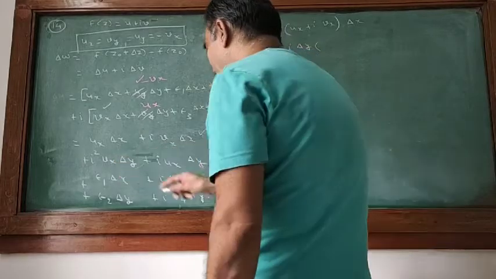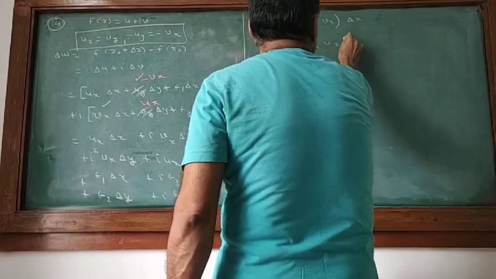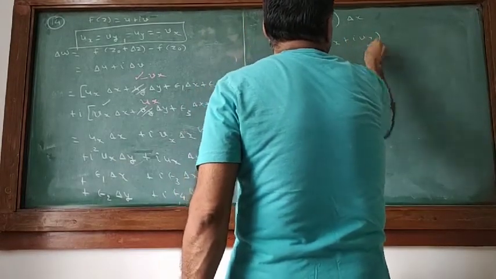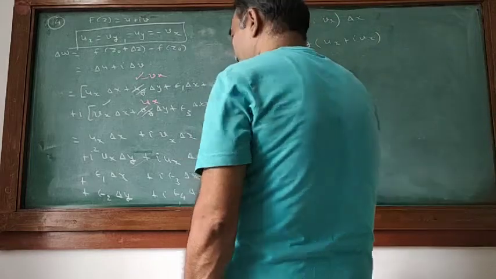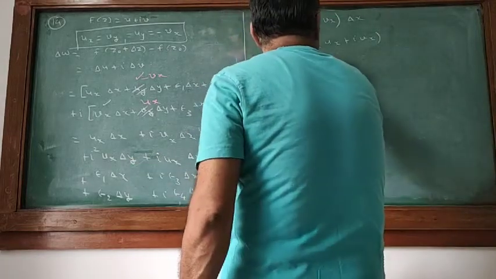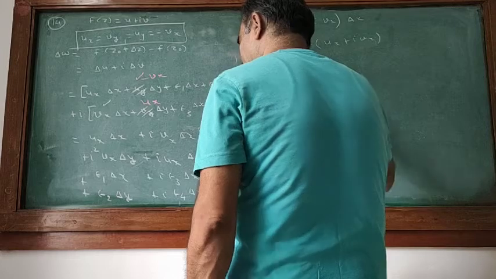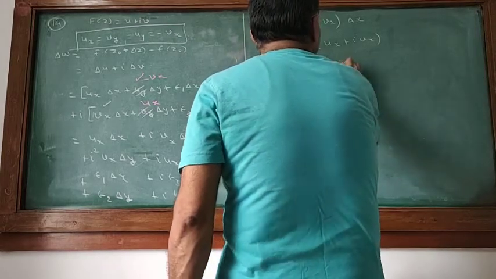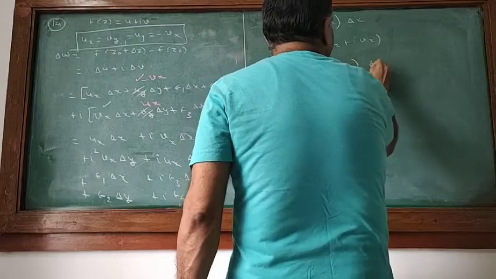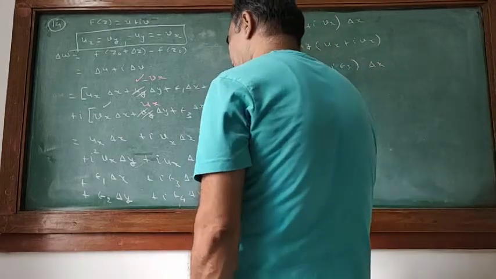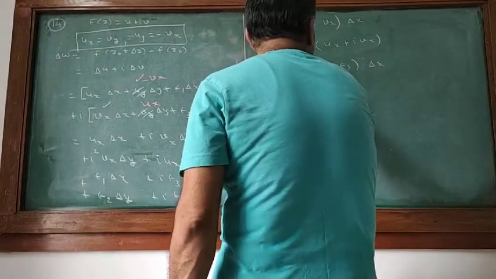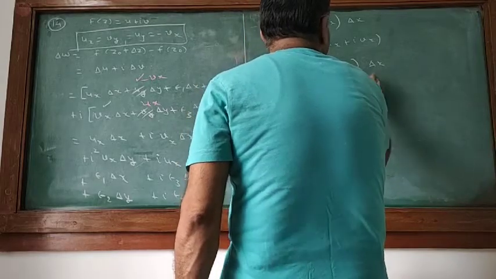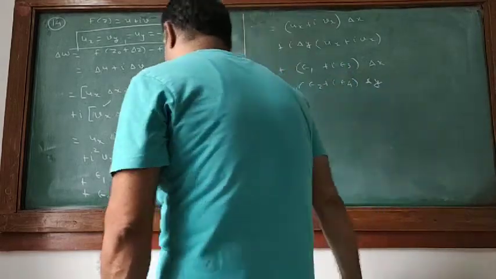So what I will have is ux plus i vx plus epsilon 1 delta x plus i epsilon 3 delta x plus epsilon 2 plus i epsilon 4 delta y.